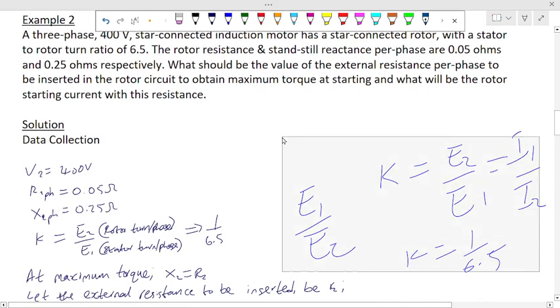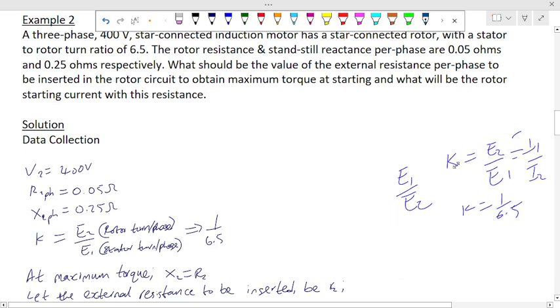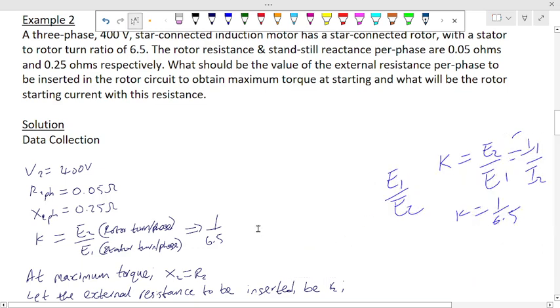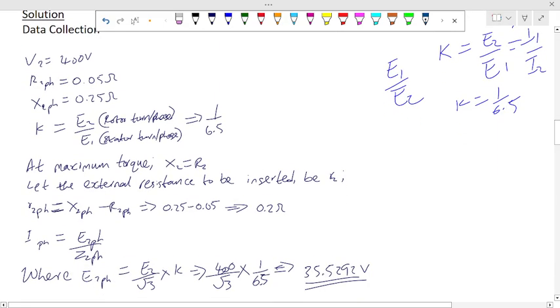Alright, with that being said, move to the next thing. Note that at maximum torque, X2 equals R2. We put that in some videos for this. So let the external resistance be small r2.